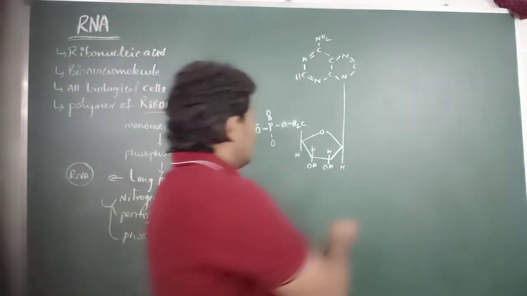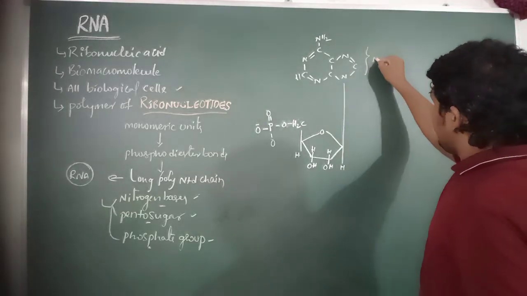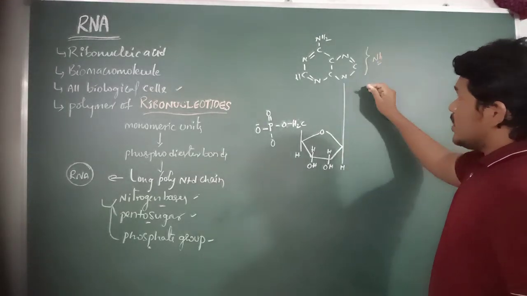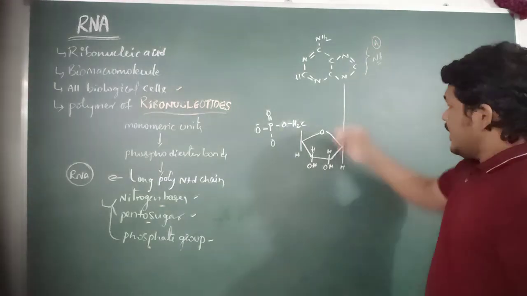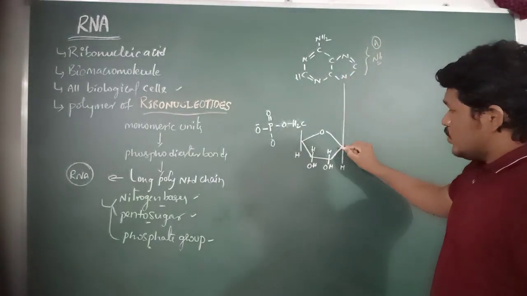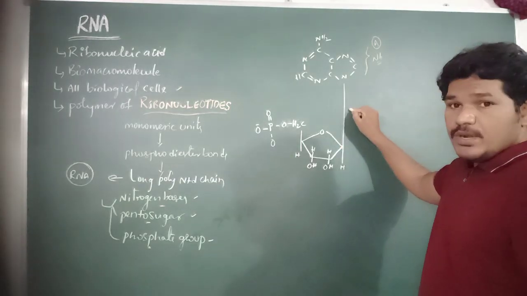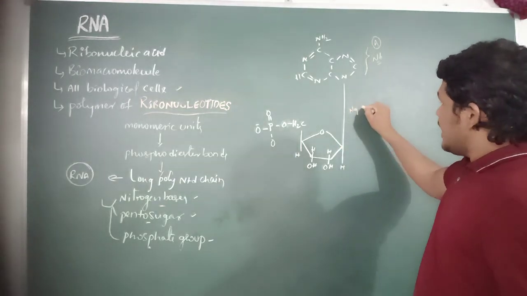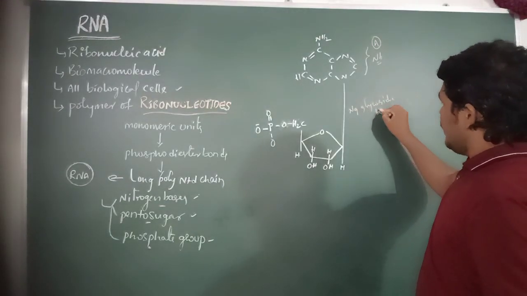Here I am taking the nitrogen base as adenine, which is linked to the pentose sugar with an N9 glycosidic bond.